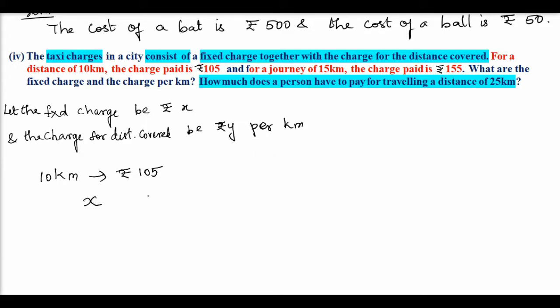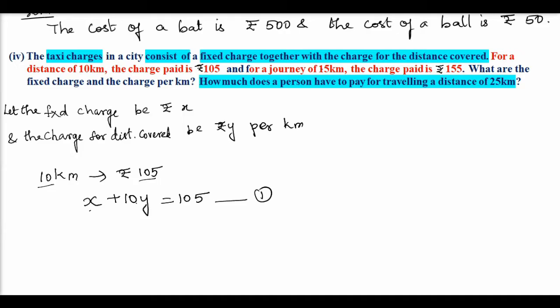The charge for 1 kilometer is Y and he has gone 10 kilometers, so the charge is 10Y. So he should pay both the charges. So X plus 10Y, both he should pay, and that amount is given as 105. So this is my first equation: X plus 10Y equals 105.